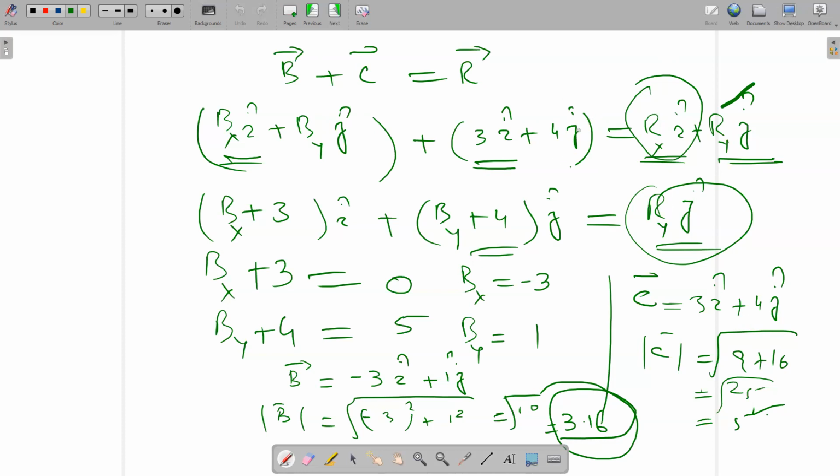The second condition is this one: this resultant R, which is along the positive y direction, its magnitude is equal to the magnitude of the C vector. This is the second condition. So we find the C vector magnitude and put it equal to the magnitude of this Ry.